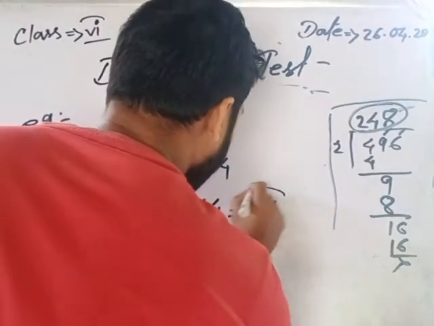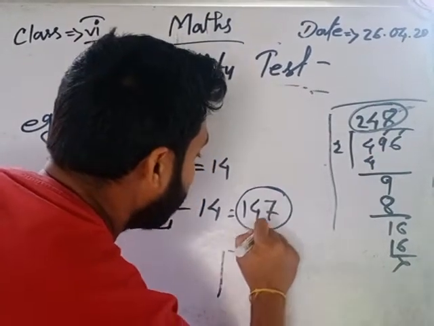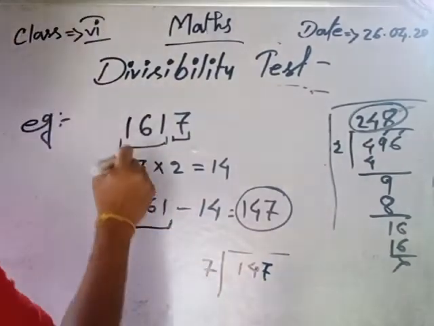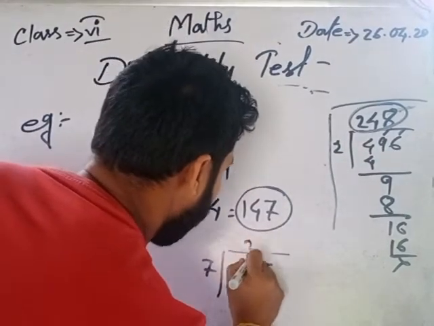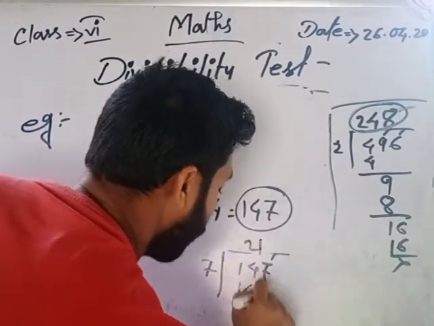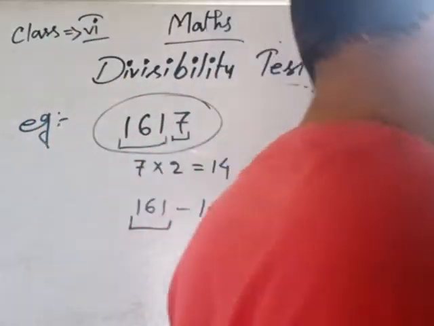If 147 is divisible by 7, then this number is divisible by 7. 7 2s are 14, and we take 7; 7 1s are 7. Okay, do you understand?